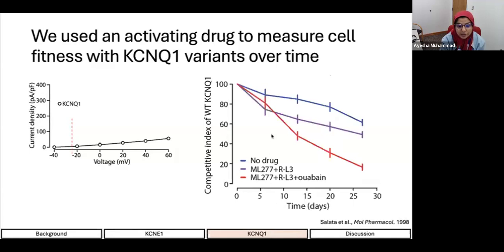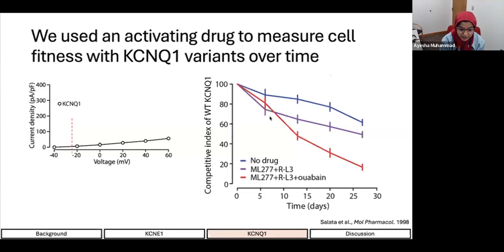Thus, we expressed a wild-type construct of KCNQ1 with two activating drugs, ML277 and RL3, with time on the x-axis and the competitive index of wild-type KCNQ1, so the relative abundance again, on the y-axis.